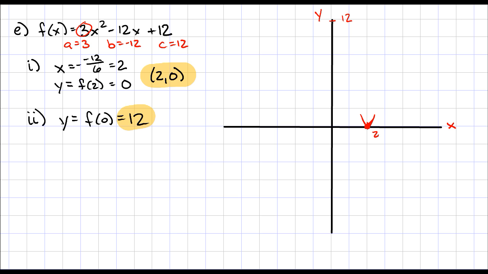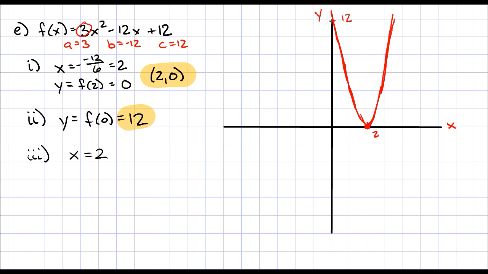Let's say this is 12. In that case, my parabola looks something like this. And as I mentioned before, I can tell from the graph already that there's only one x-intercept. That's at x equals 2.